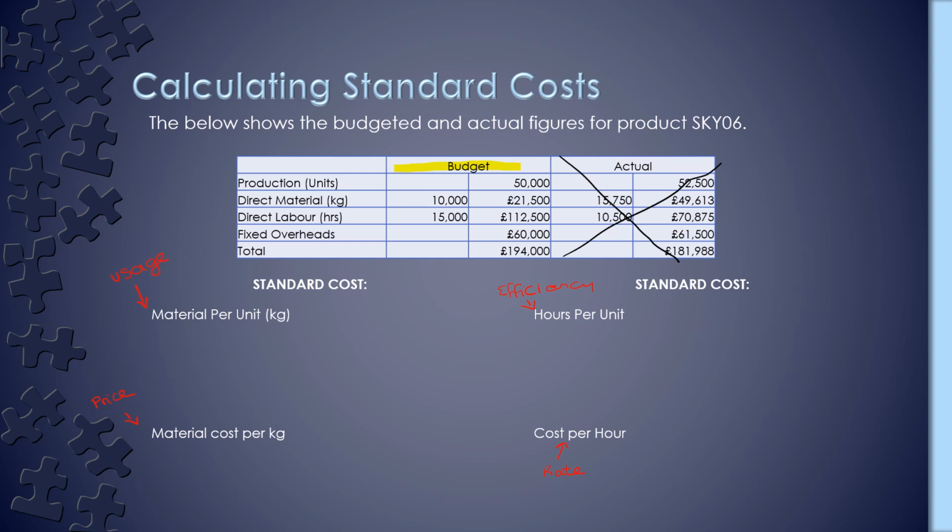We're told here that we've got a production of 50,000 units, and let's highlight these as we go. We're using 10,000 kilograms of material, and that 10,000 kilograms cost us £21,500. And that makes our 50,000 units.